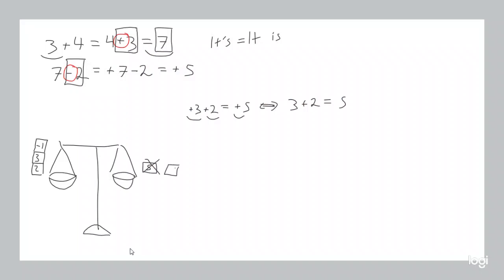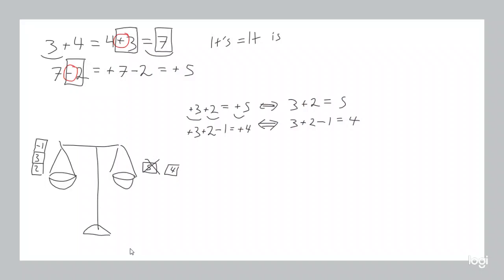It's going to weigh 4 pounds. So a positive 3 plus a positive 2 plus a negative 1, that's the same as a positive 4. We're just adding up all of these weights. And if we want to write that in shorthand, 3 plus 2 minus 1 equals 4.